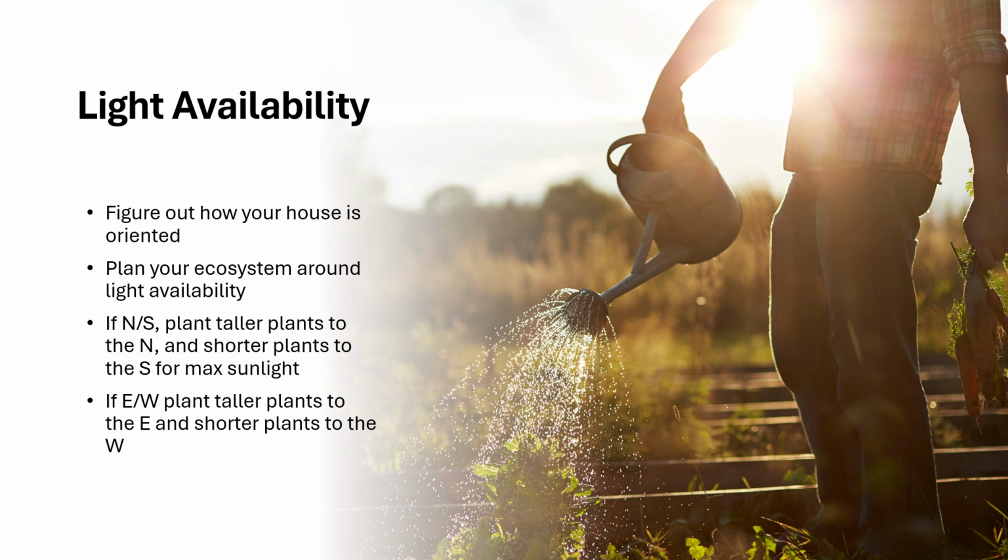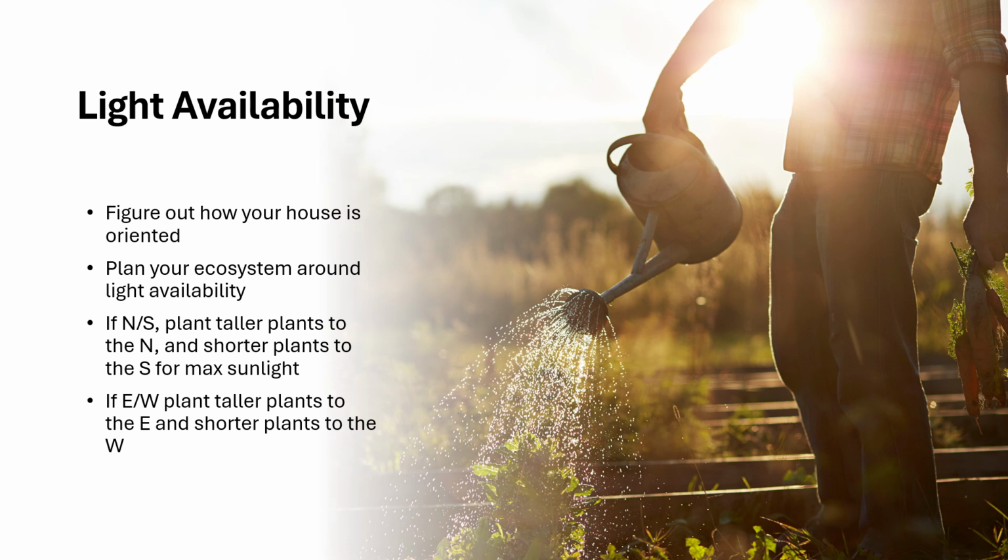Now, if I had my tall plants in the east and my shorter plants in the west, with my orientation, some plants would get more sunlight than others because of the shade caused by the taller plants. What you want is an even light for all your edible crops.